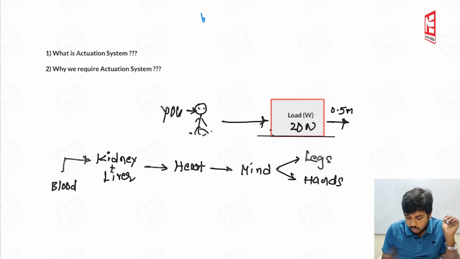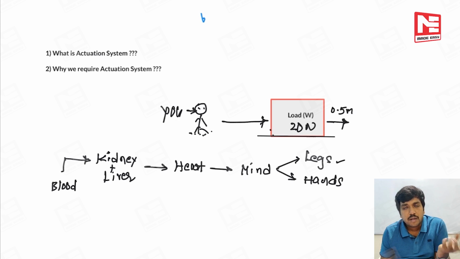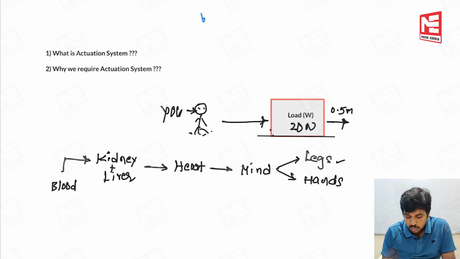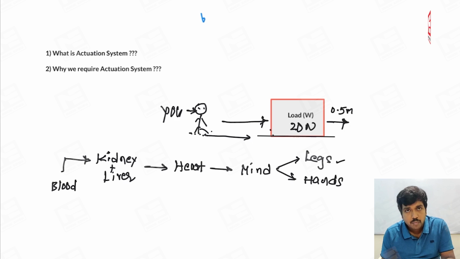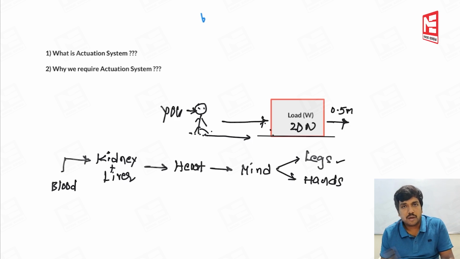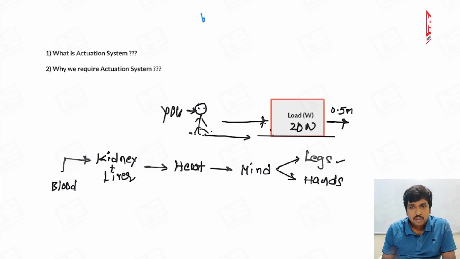Now once the legs get the liquid, that is blood, from the heart, then obviously you are able to run or walk up to this load, and then the mind will channelize the liquid to the hands, and then you are able to push the load, right? This is exactly what is going to happen. Now have you understood one thing clearly here?